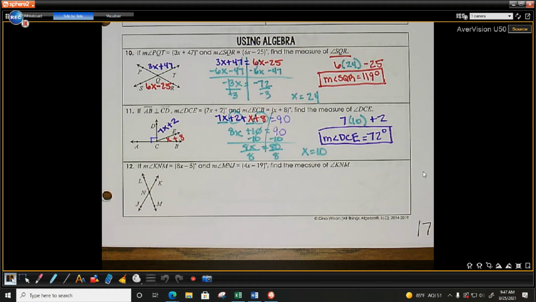Did you finish? Do it really quick. After him. We're going to do the back. Maybe not all of the back.